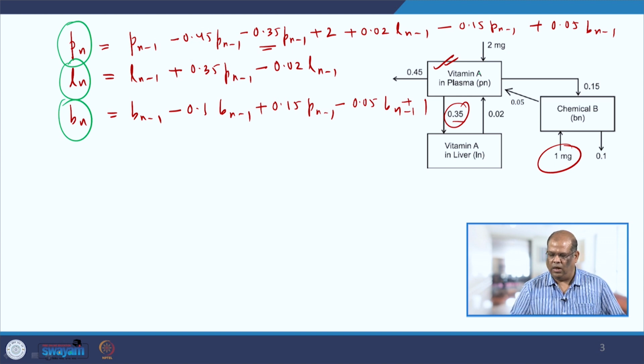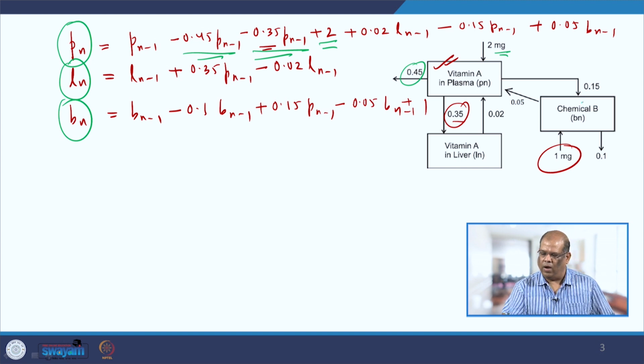First, what is going out: 0.45 is going out, then 0.35 is going out, which is why both are negative. Then a constant input of 2 mg has been added. Another 0.15 is also going out.